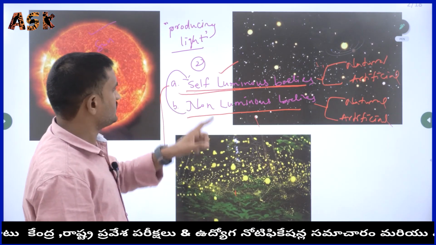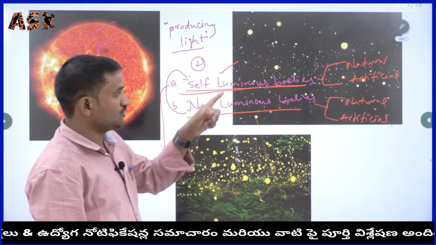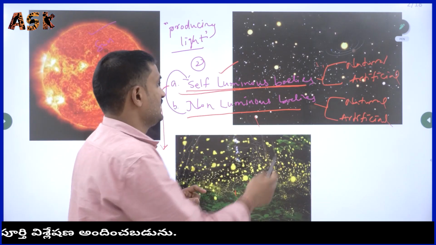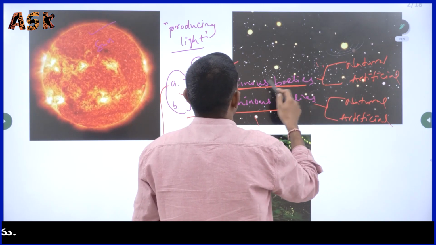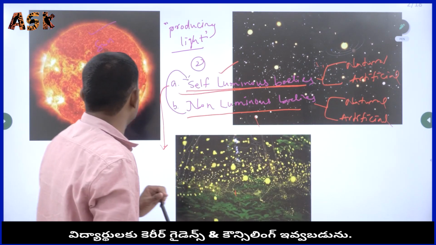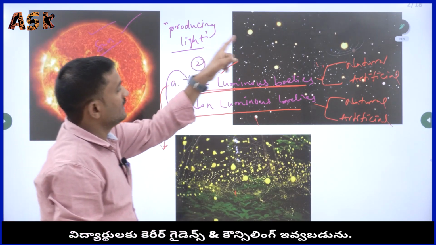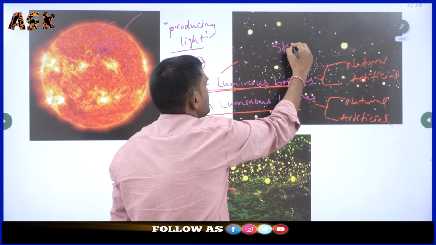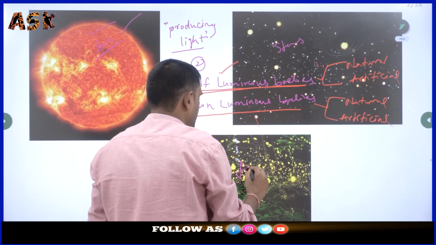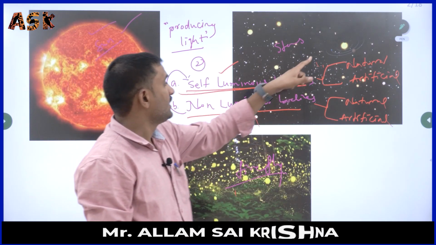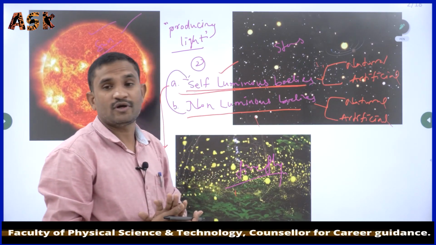Sir, you classified self-luminous bodies into two categories. What are the best examples for that? Natural self-luminous bodies: examples are the sun, next, stars, next, fireflies. These are the three best examples for natural self-luminous bodies.